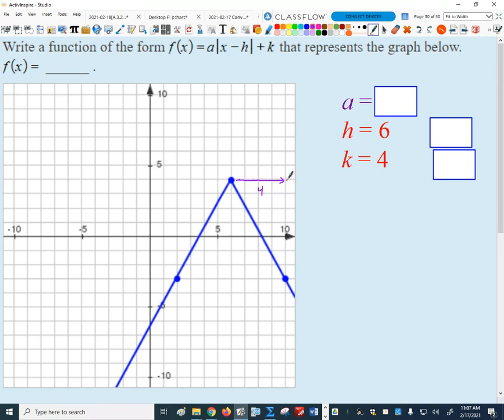Now, normally, if I go right by 4 on my parent graph, I should go up how far? Type it in chat. On my normal absolute value parent graph shape, I go right 4 and I go up how far? Yeah, 4, right? Good. I go over 4 and up 4, right?